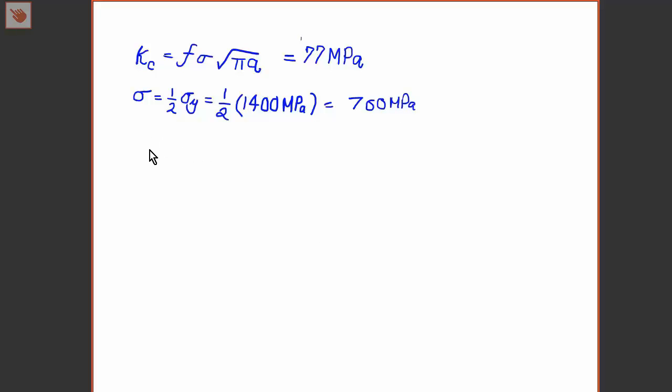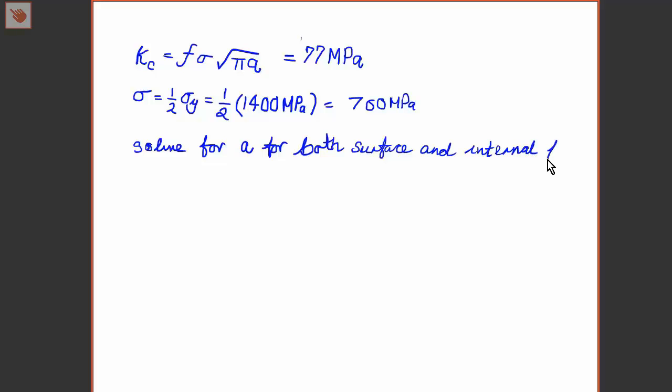So what we're going to do now is solve for a for different situations, for both surface and internal flaws.